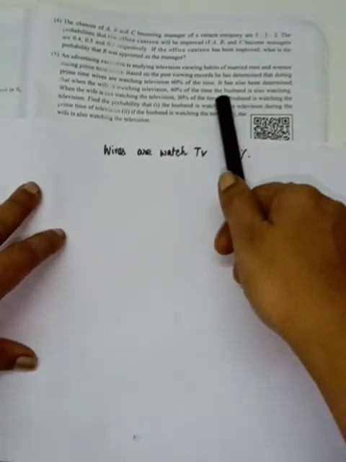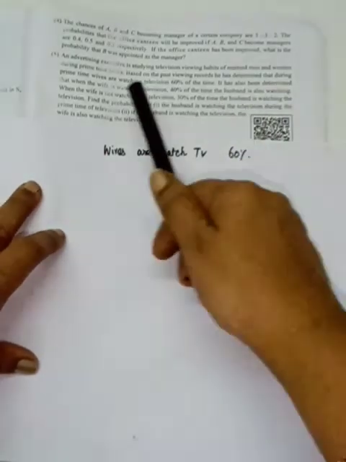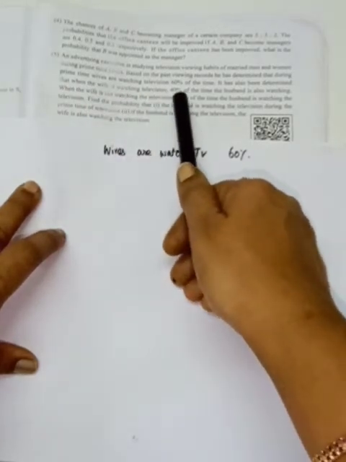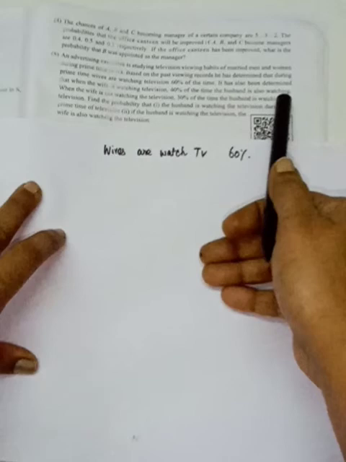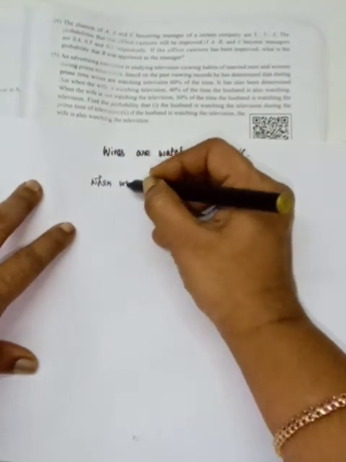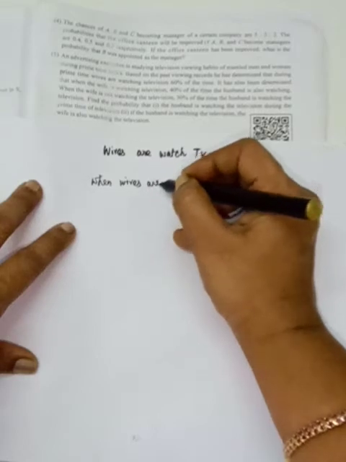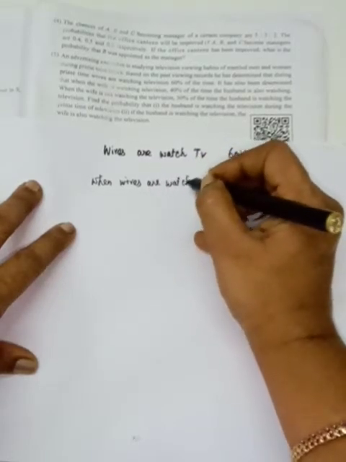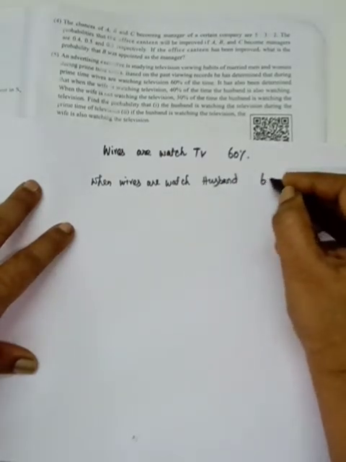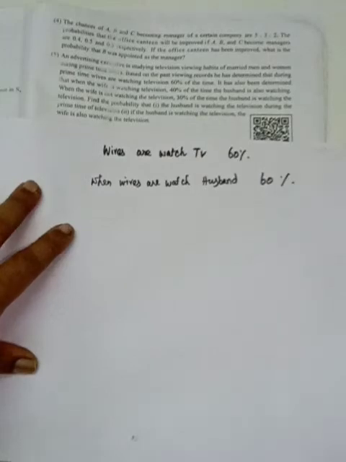Okay, and it has also been determined that when the wife is watching television, 40% of the time the husband is watching. When the wives are watching, the husband is also watching 60% of the time.